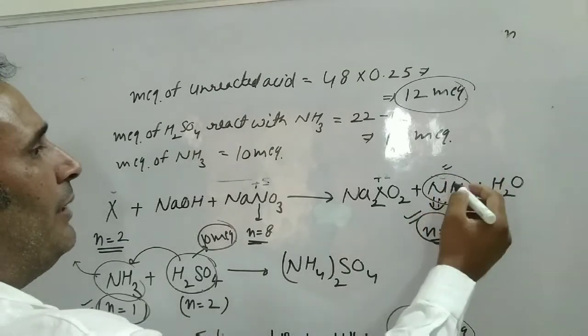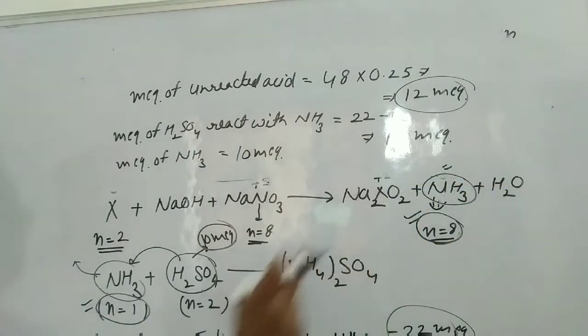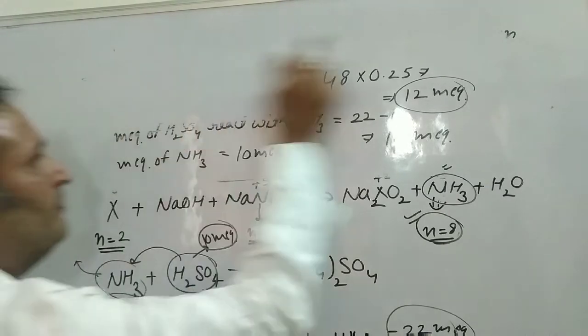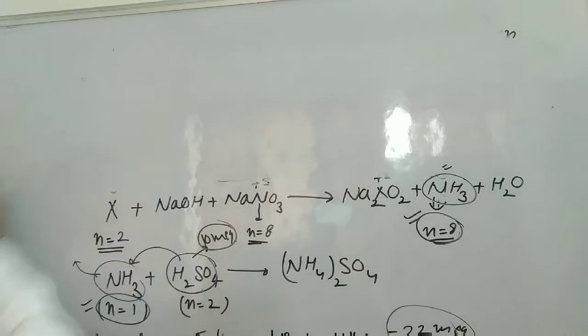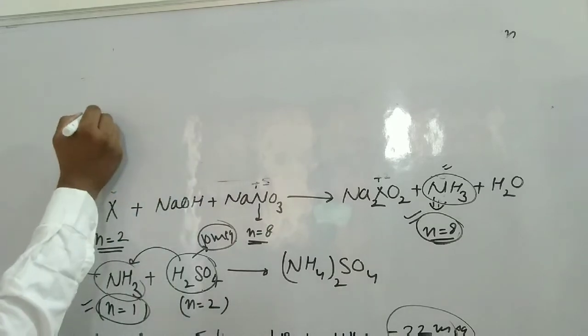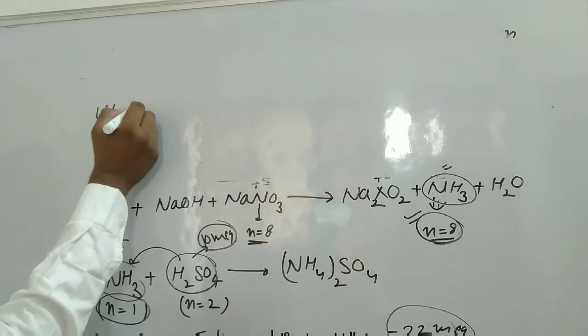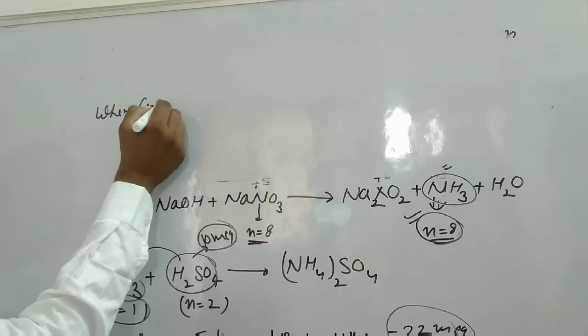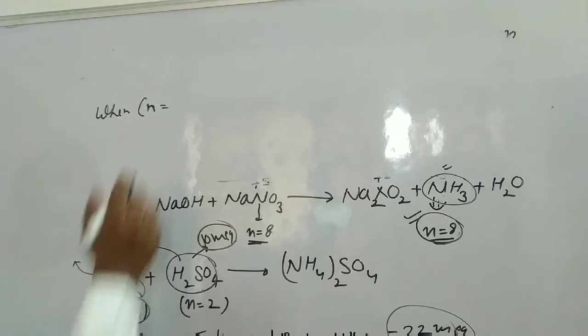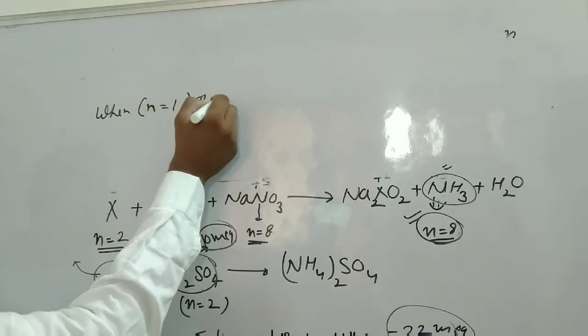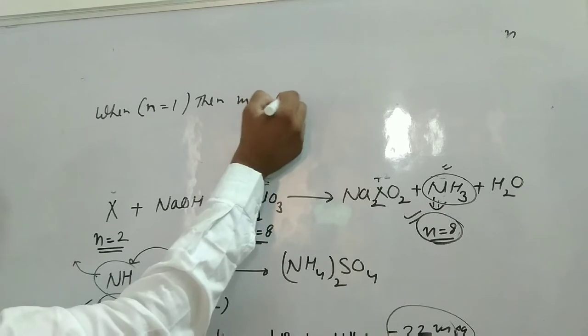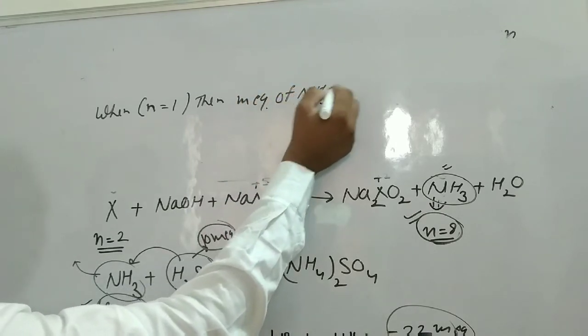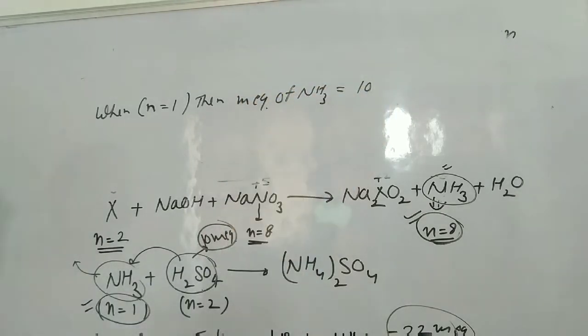We have to calculate the milliequivalent of NH3 which was produced here. How can we find out? When the N factor of NH3 was 1, the milliequivalent of NH3 was 10. Clear?